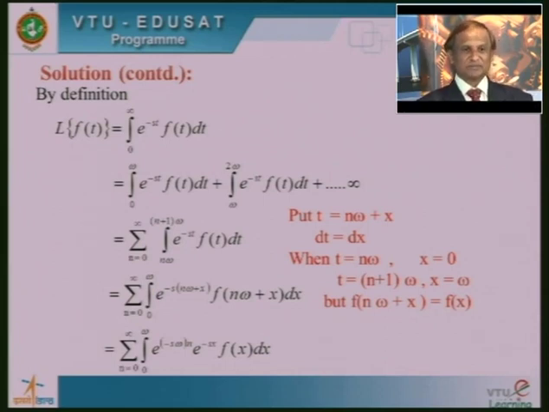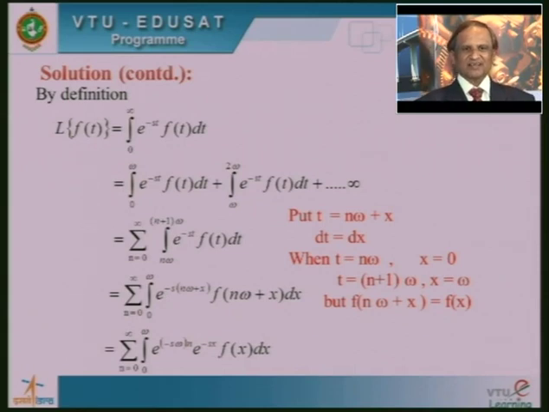Now I am going to split the integral from 0 to infinity in the following form: the integral from 0 to omega of e^(−st) f(t) dt, plus the integral from omega to 2 omega of e^(−st) f(t) dt.